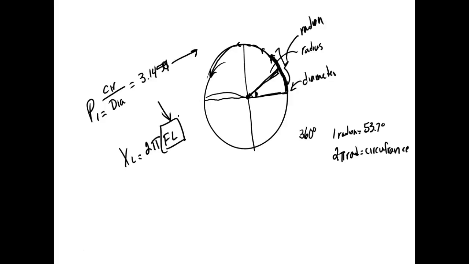So actually, 90 degrees would be 2 pi divided by 4, or it'd be 1/2 pi rad, right? And 180 degrees would be pi rad, right?